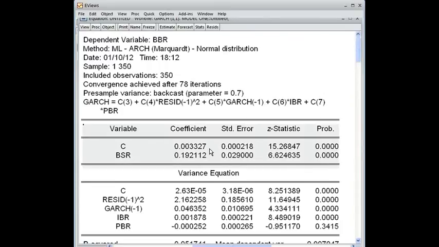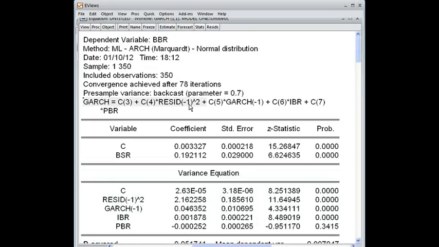This one is the mean equation, that is equation number 1.1 in the previous video. And the second one is the variance equation, the result of the variance equation. So that is equation number 1.2 of the previous video.